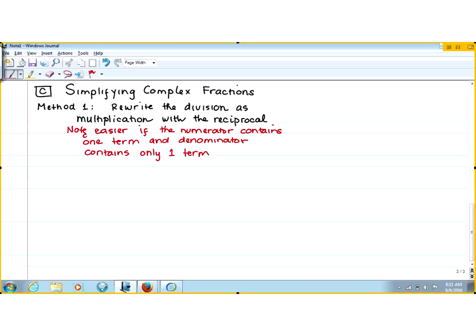So we use this method only if both the numerator and denominator contain only one term. Because otherwise it's easier to use method 2.